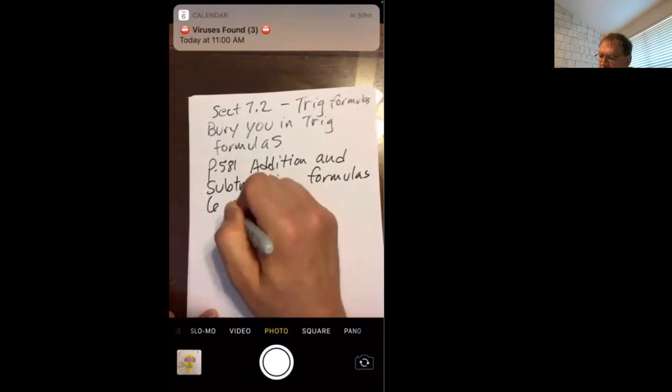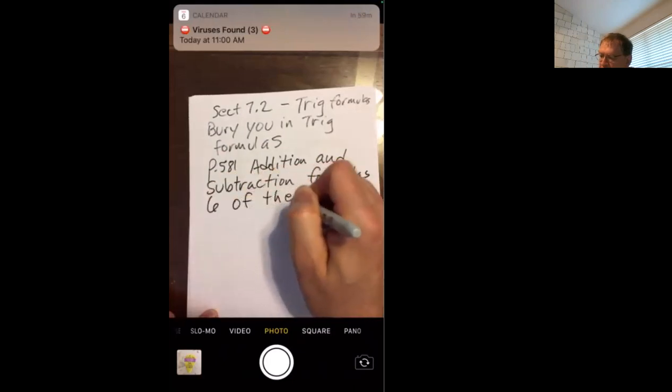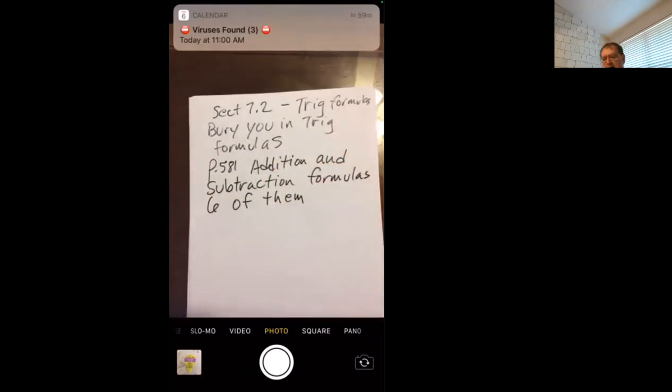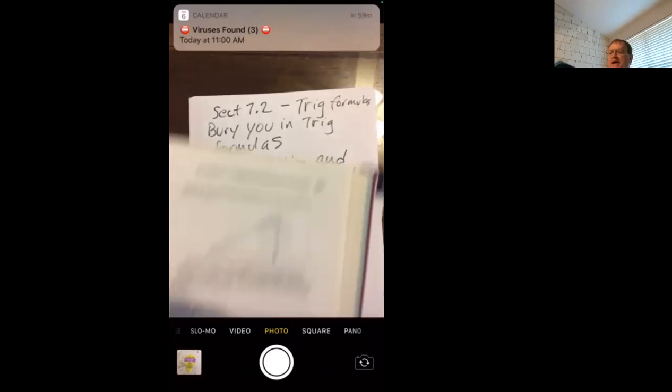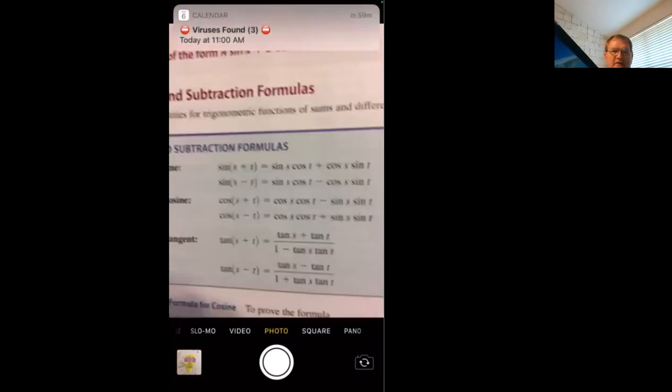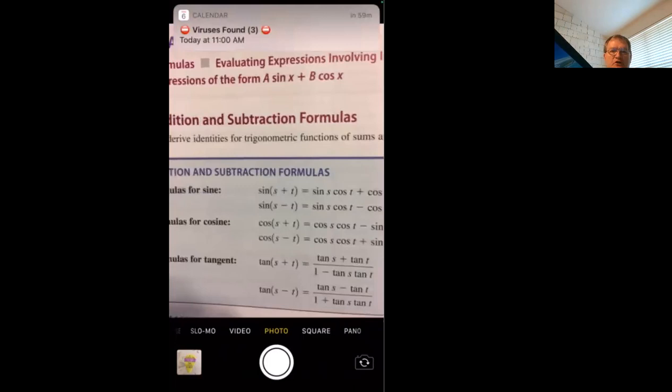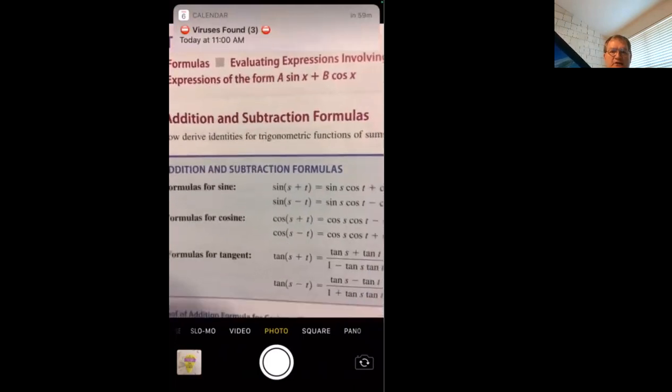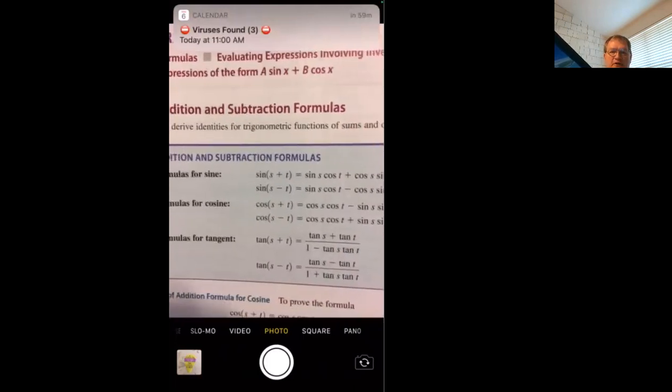There are 6 of them. Zoom in on them. There are 2 for the sine, 2 for the cosine, and 2 for the tangent.